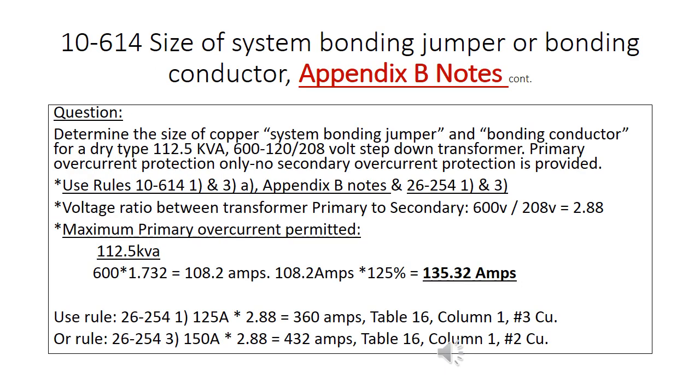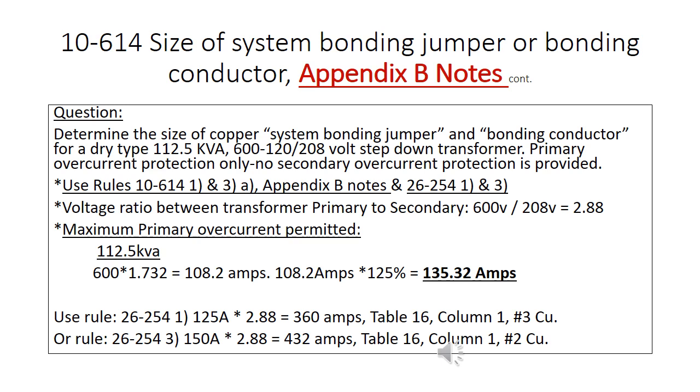10.614, size of system bonding jumper or bonding conductor. See Appendix B notes. So here's a question for you. Determine the size of copper system bonding jumper and bonding conductor for a dry type 112.5 kVA 600 to 120/208 volt step down transformer.